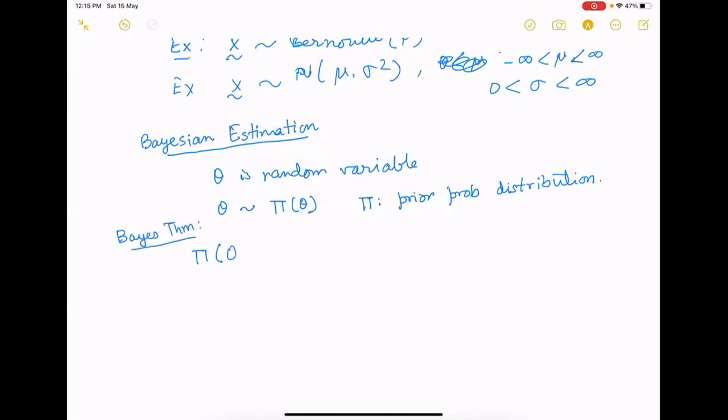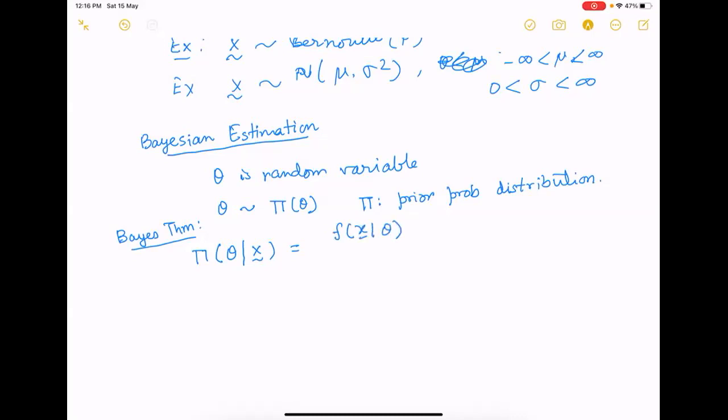Using Bayes theorem, I can come up with a conditional probability distribution of how theta behaves given the data.